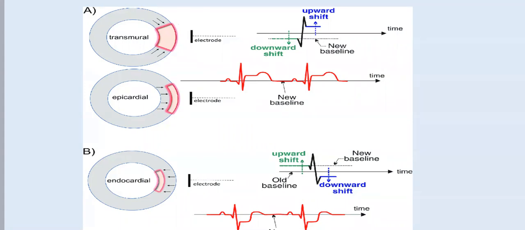Endocardial, not transmural. When you have it endocardial, the current moves towards it. So when the current moves away from the electrodes, it manifests as ST segment depression. So ST segment depression means endocardial injury. ST segment elevation means transmural injury.